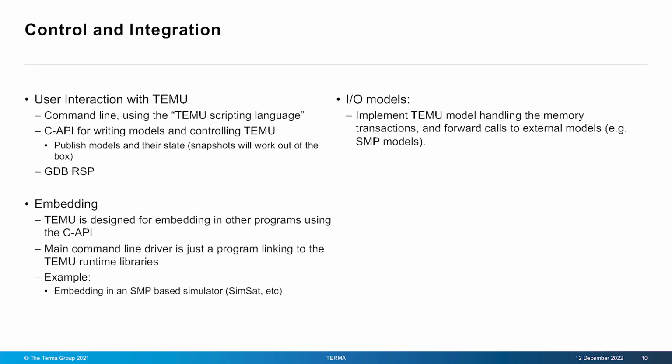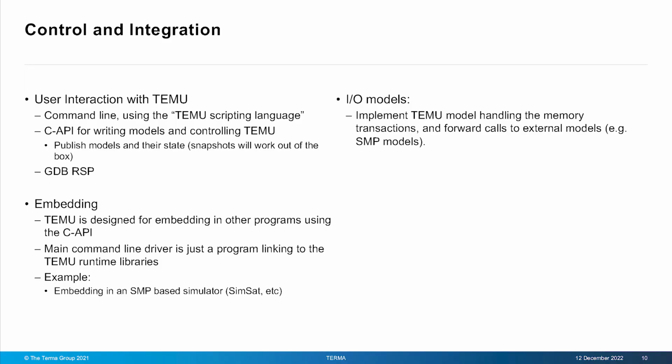How do we control TEMU except from the command line interface? We have a C API, which is there for embedding TEMU and for writing models. And as I mentioned, we have the GDB remote serial protocol. TEMU was built from the ground up to be embedded and to be driven interactively with the command line.